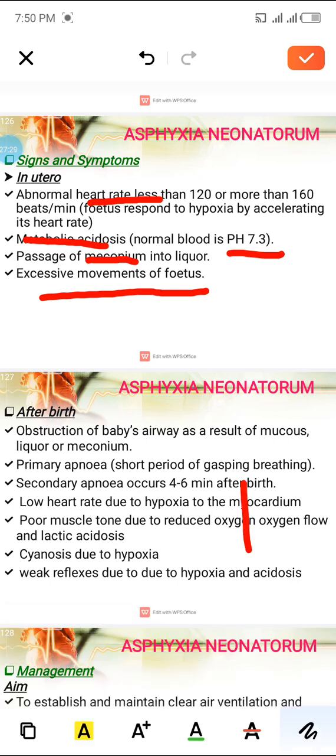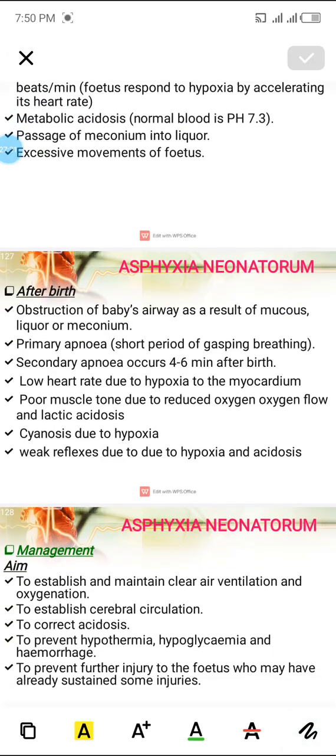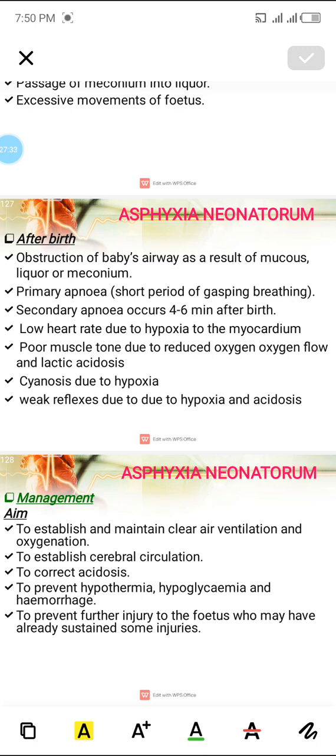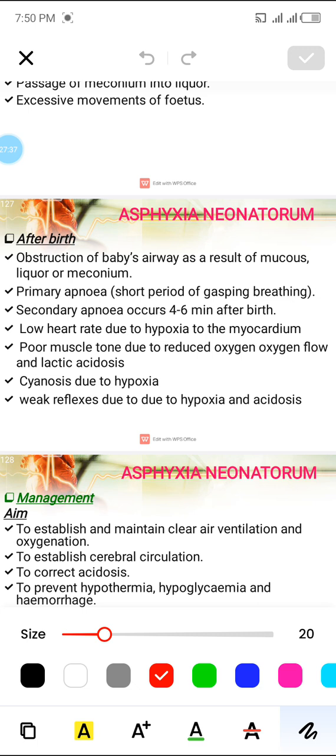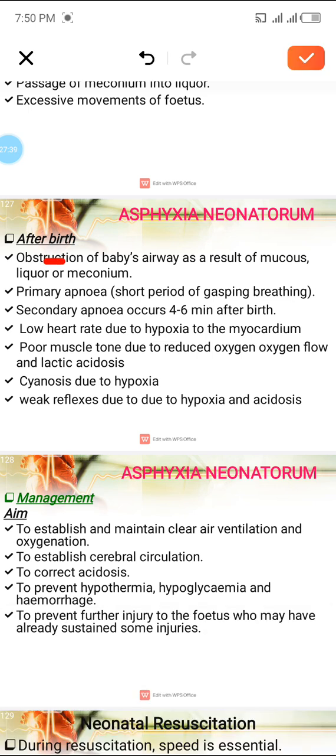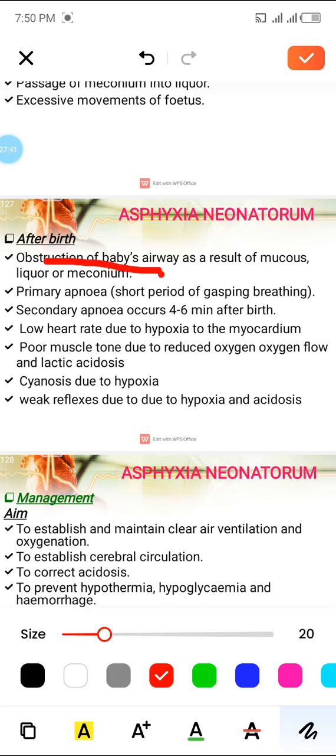Okay, so then let's look at other issues at birth. At birth, you may discover that this neonate has an obstructed airway. So that's why people need to know how to suction. If the airway is blocked by meconium, you need to suction. If you discover this, that's a sign that this child is asphyxiated.